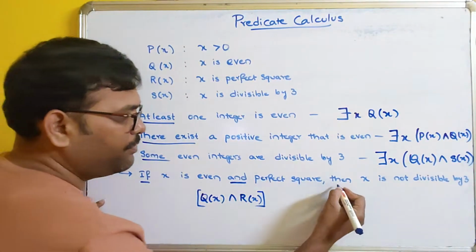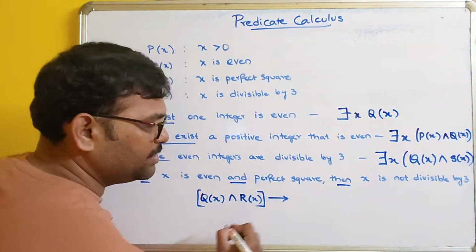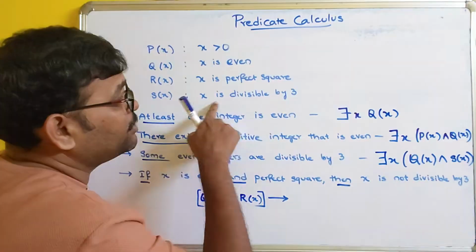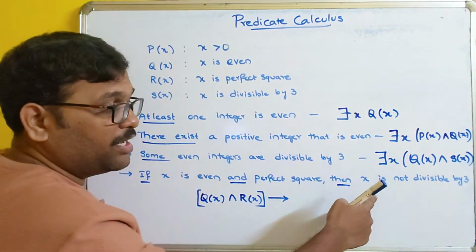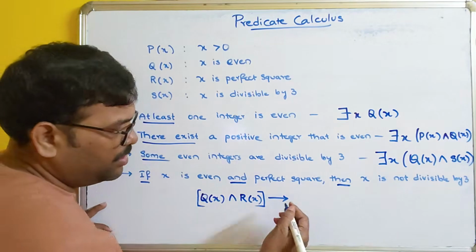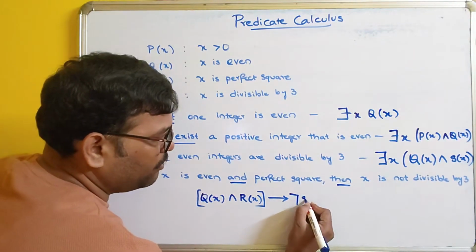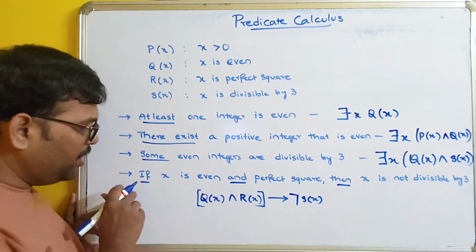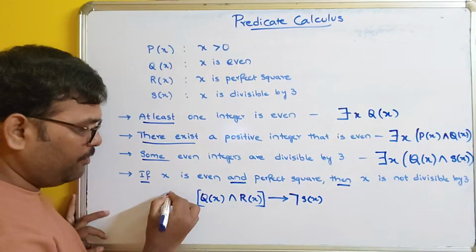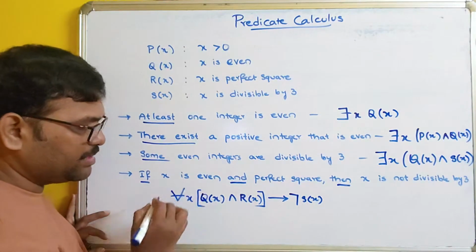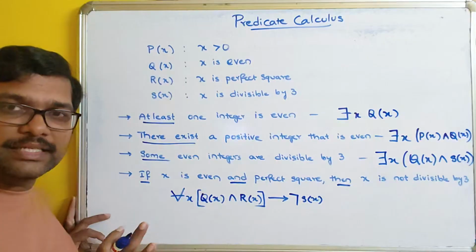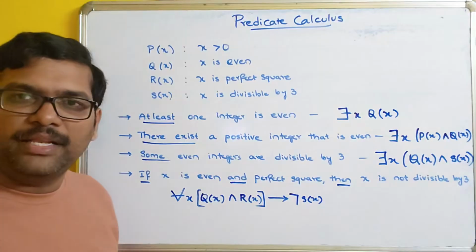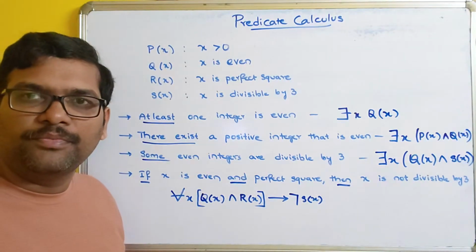You can observe here, if then implies x is not divisible by 3. x is divisible by 3 is a predicate S of x. But here we are getting x is not divisible by 3. So we can write negation of S of x. So immediately if you got if then, we'll get the quantifier for all x. For all x, if x is even and a perfect square, then x is not divisible by 3. That will be true.